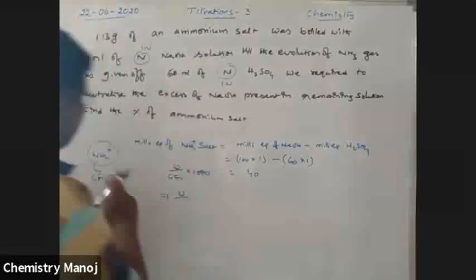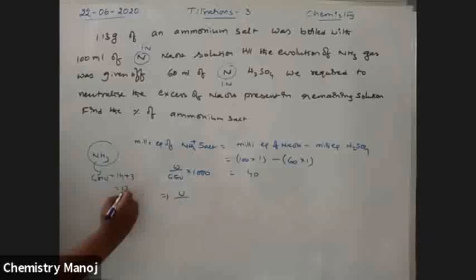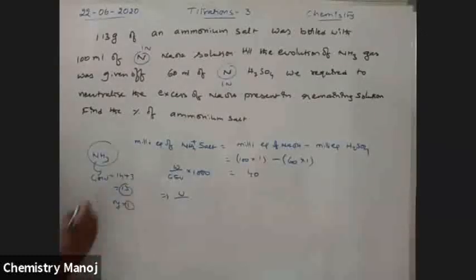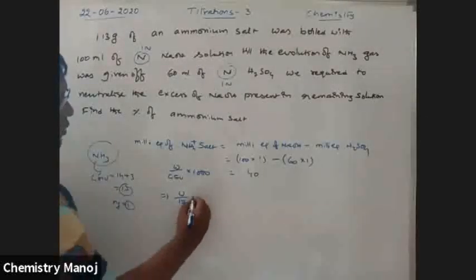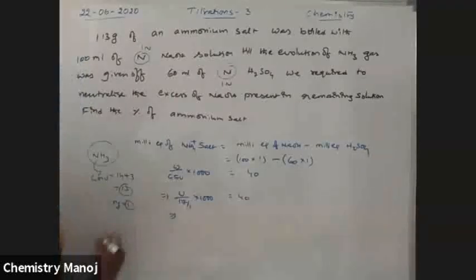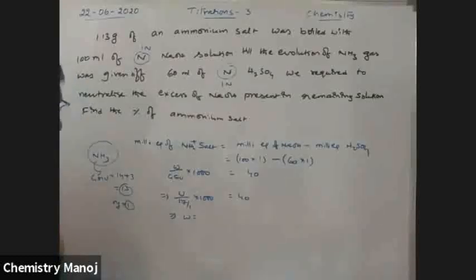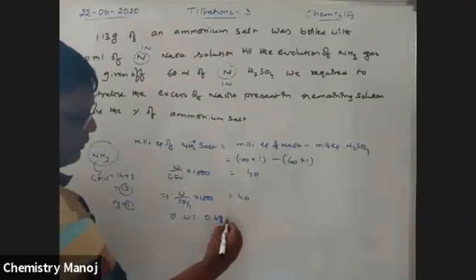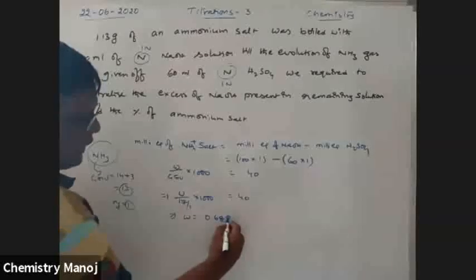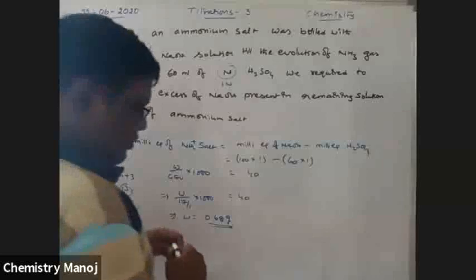Ammonium salt means let's consider ammonia, NH3, which is equal to 17. Its n factor is equal to 1. Therefore, 17 by 1 into 1000 is equal to 40. That implies weight is equal to 0.68 grams.